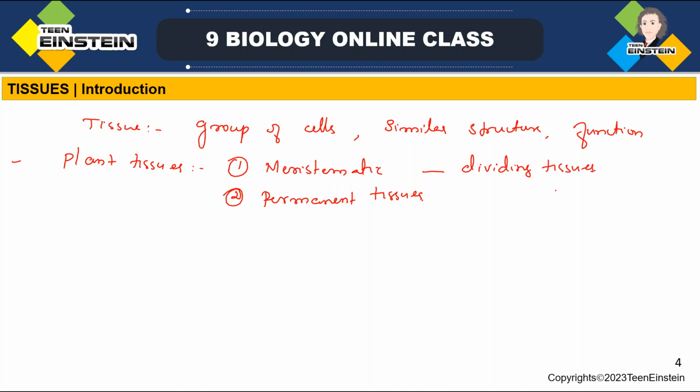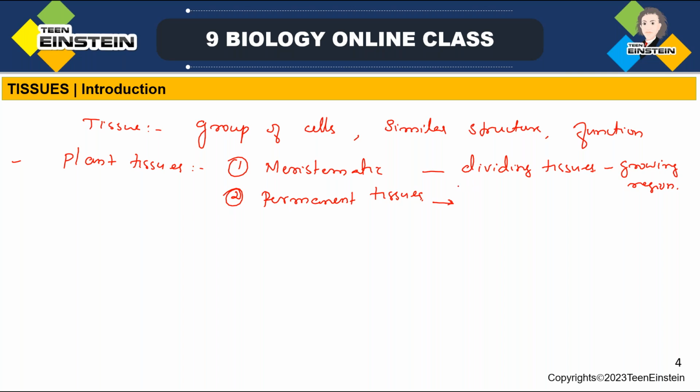This tissue consists of dividing cells, and it is present in the growing regions of plants. And permanent tissue: we know that meristematic tissues are in a continuous stage of division.